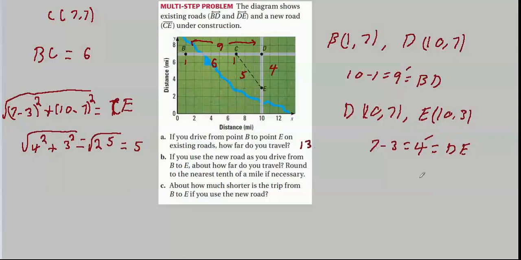Over here we had a total distance of, there it is, 13. So we drove 11 miles down here, and we saved ourselves 2 miles by cutting the corner.